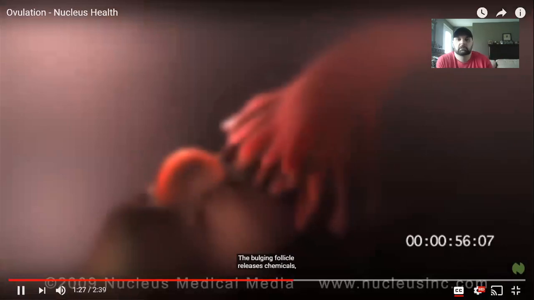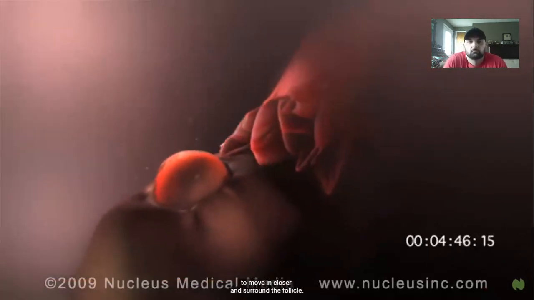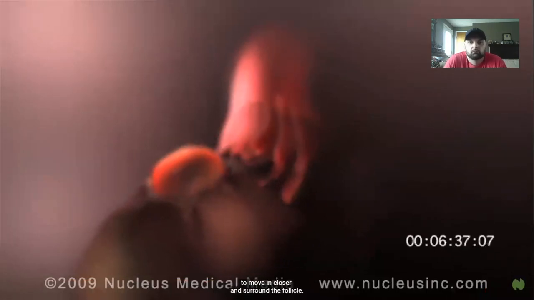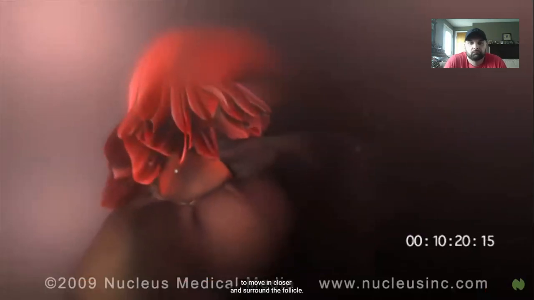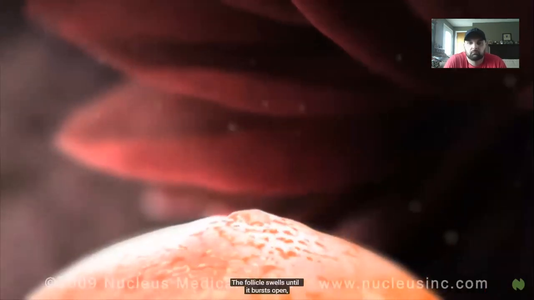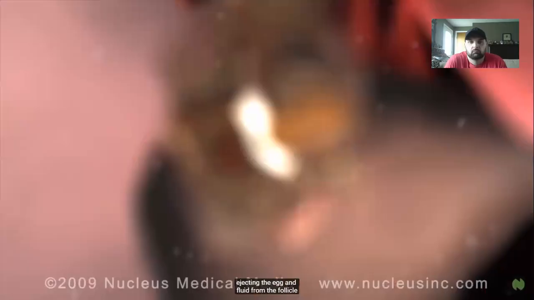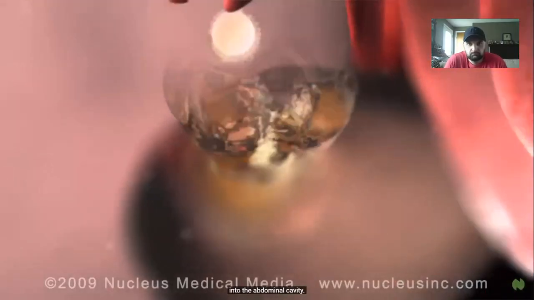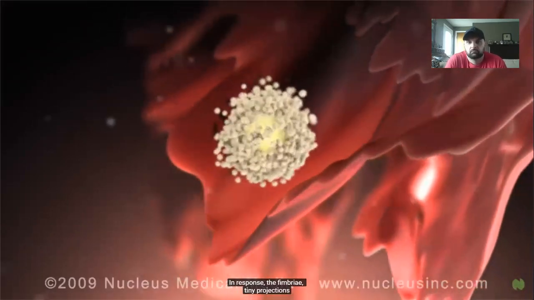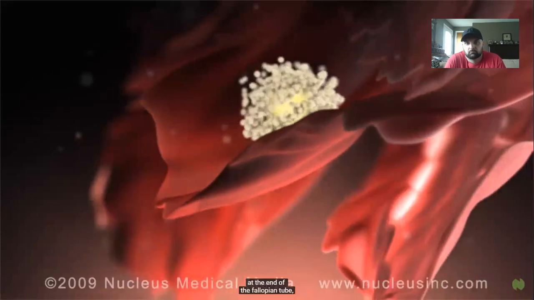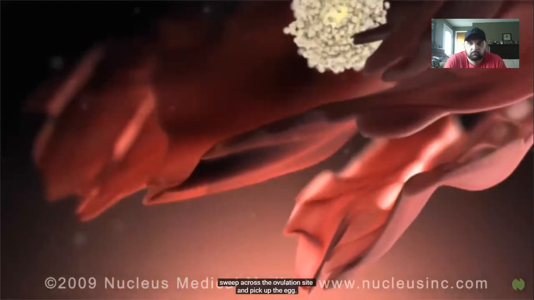The bulging follicle releases chemicals, causing one of the two fallopian tubes to move in closer and surround the follicle. The follicle swells until it bursts open, ejecting the egg and fluid from the follicle into the abdominal cavity. In response, the fimbriae, tiny projections at the end of the fallopian tube, sweep across the ovulation site and pick up the egg.